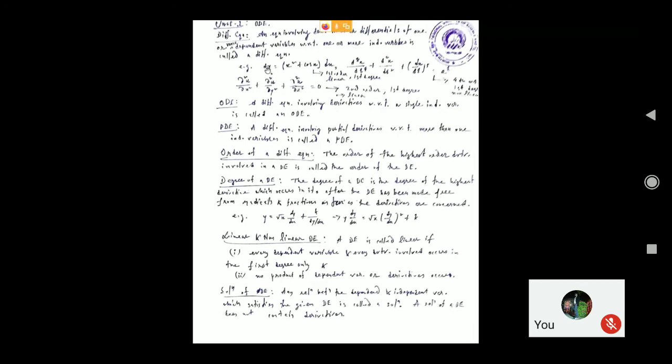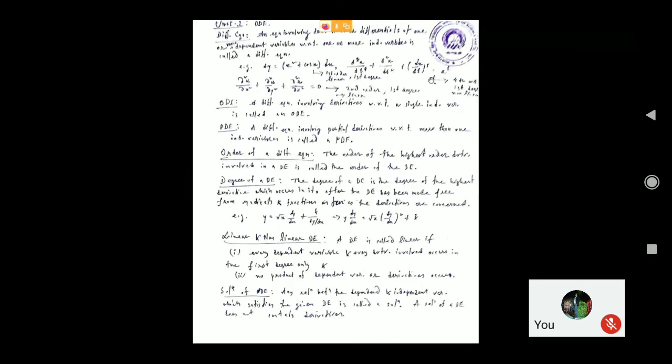Here the dependent variable is y, and its derivative occurs in first degree, meaning power 1. And no product of the dependent variable or derivative occurs. So it's first order, first degree, and linear.